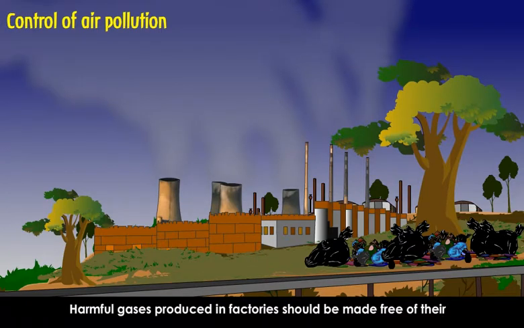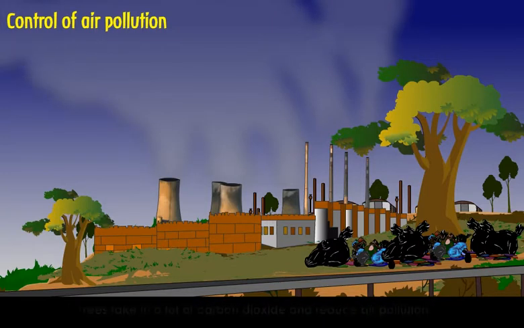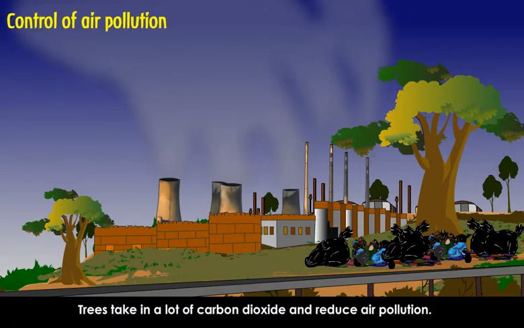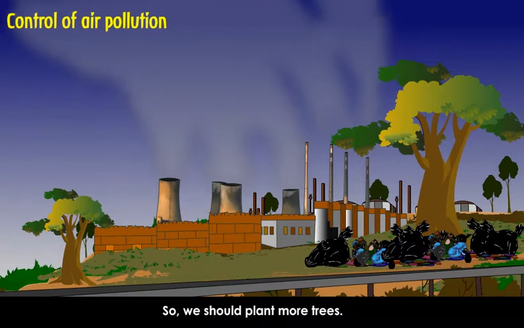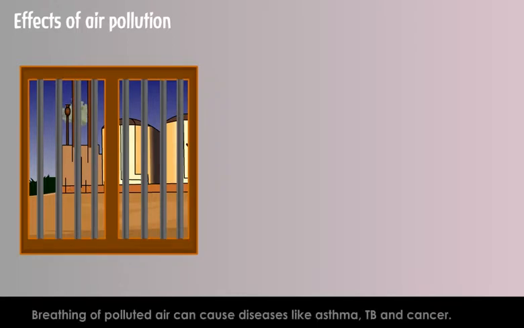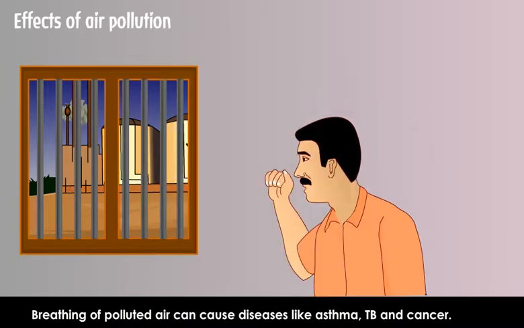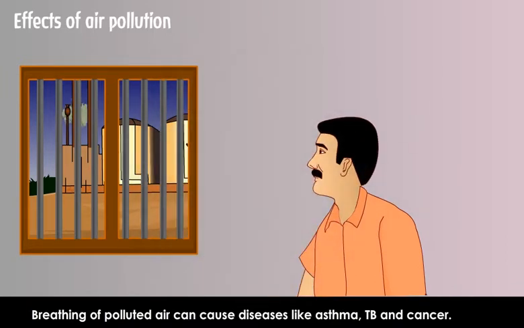Harmful gases produced in factories should be made free of their poisonous contents before they are released into air. Trees take in a lot of carbon dioxide and reduce air pollution. So, we should plant more trees. Effects of air pollution. Breathing of polluted air can cause diseases like asthma, TB and cancer.